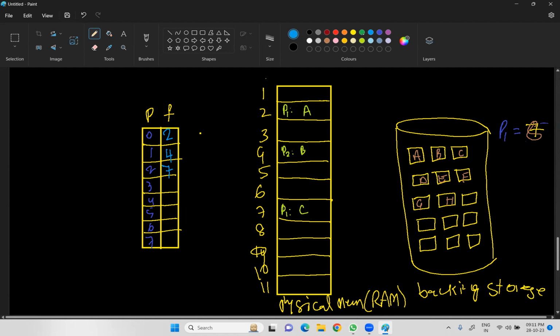For this kind of situation, the page table has been modified by introducing one more bit. That bit is called the valid or invalid bit. So the page table gets extended with one more column, called the valid or invalid bit.